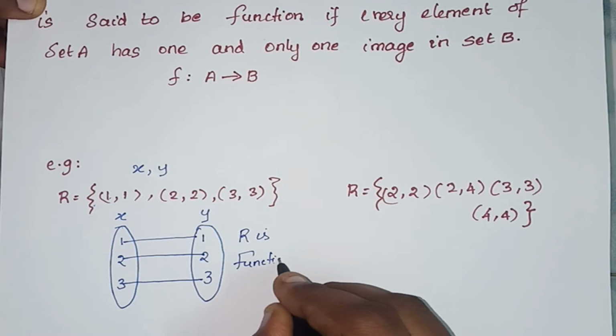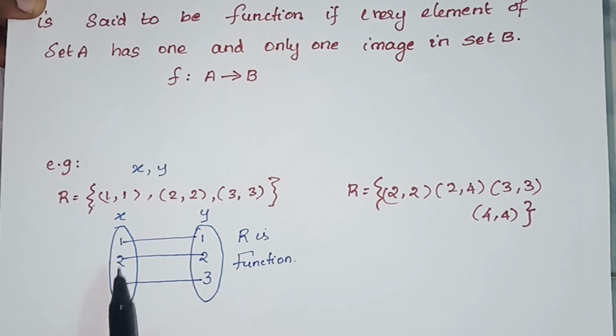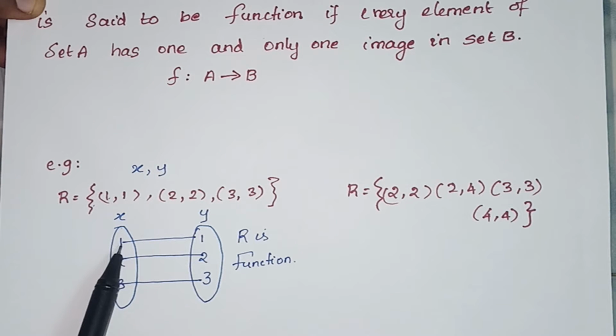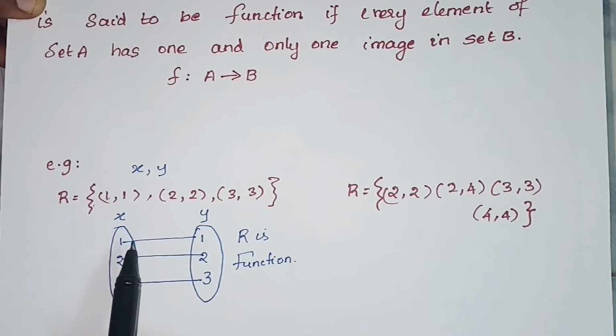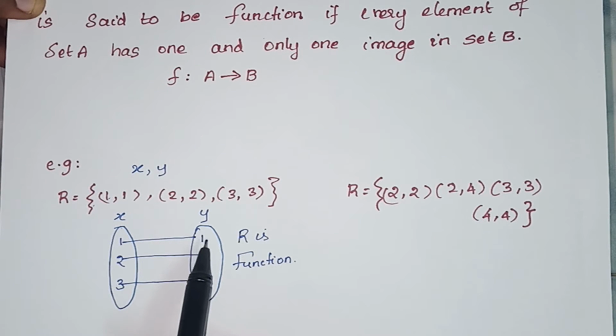A function is nothing but every x value should be associated with only one y value. So in this example, each x value is associated with only one y value.